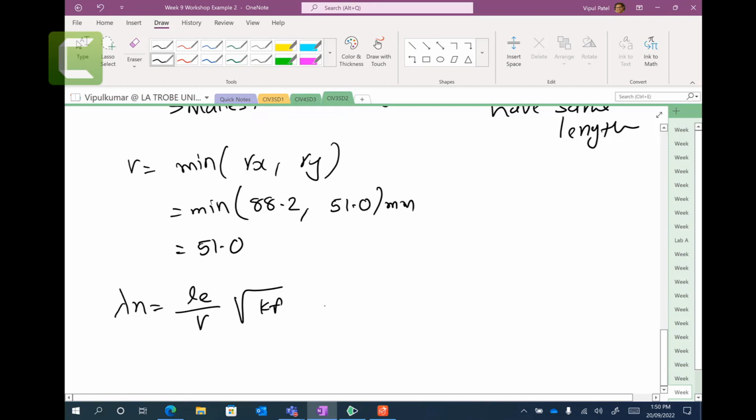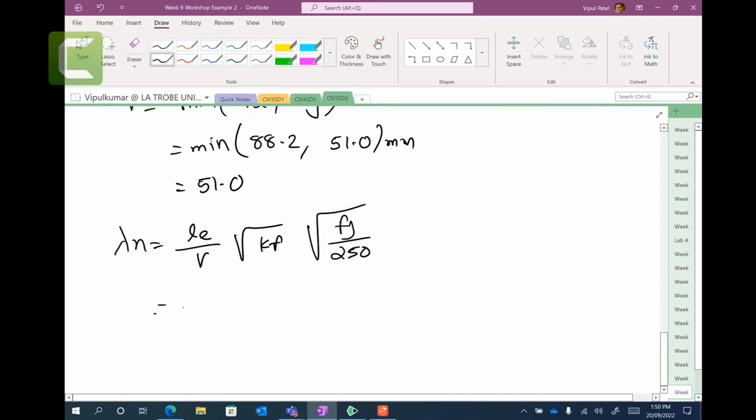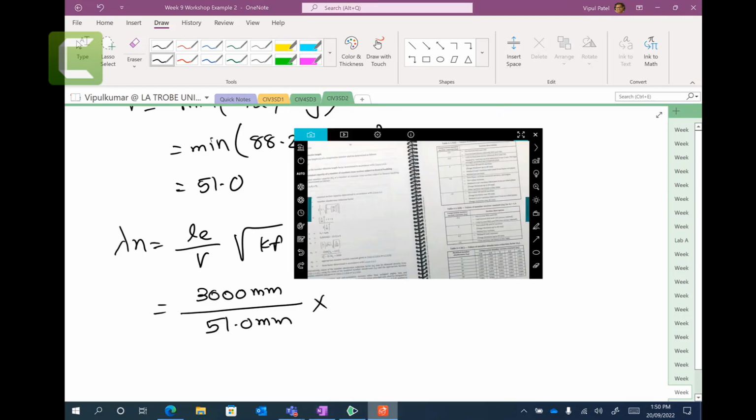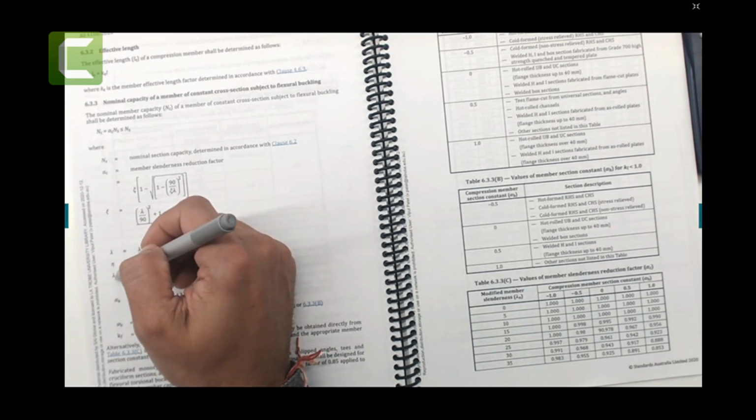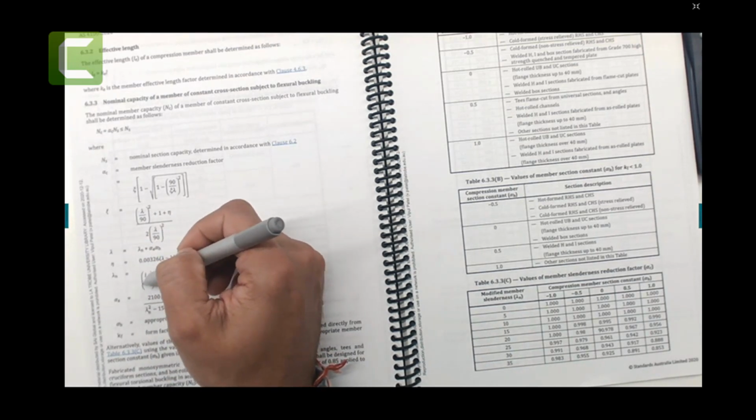times the square root of fy on 250. I will show you where this equation is coming from. Effective length 3000 millimeters, radius of gyration 51 millimeters. These equations come from here, clause 6.3.3. Basically, this equation is telling me how long your column is. Larger this value, the worse it will get. Smaller this value, the worse it will get. Larger this value, the worse it will get.